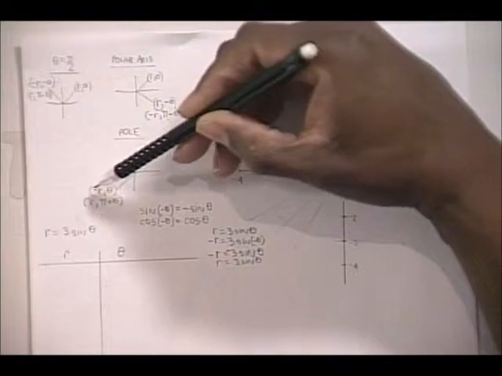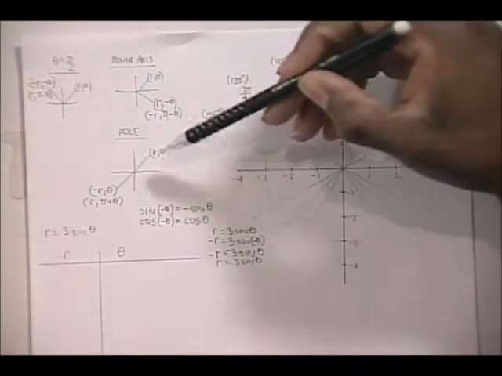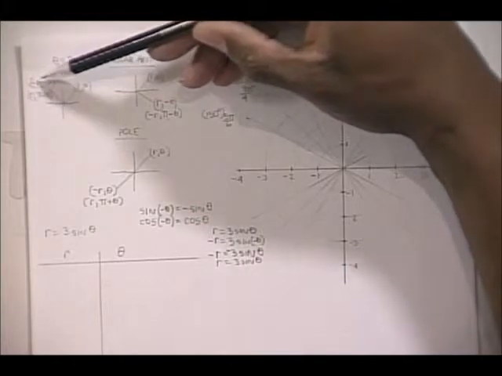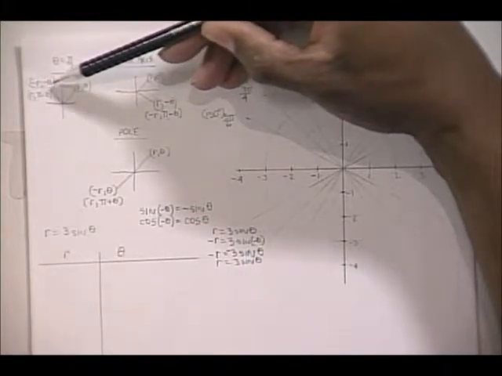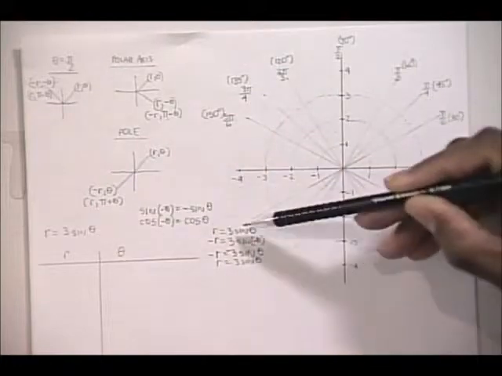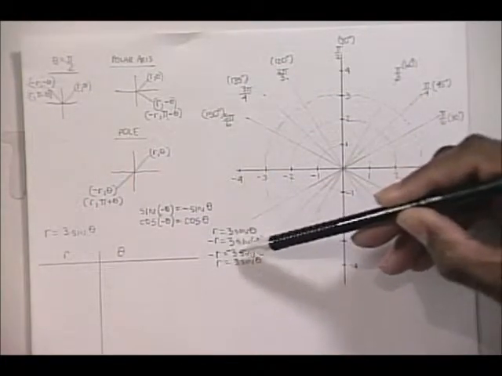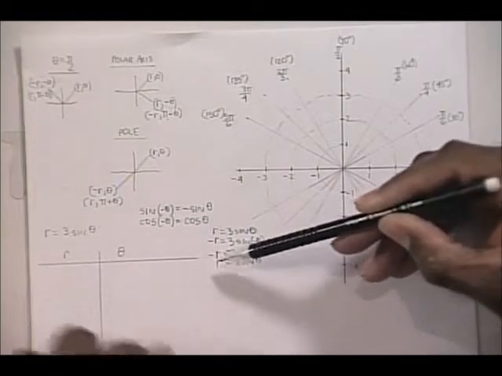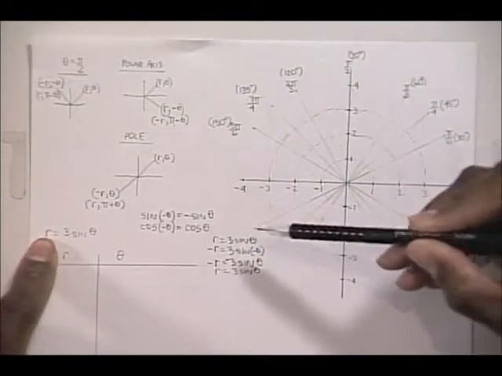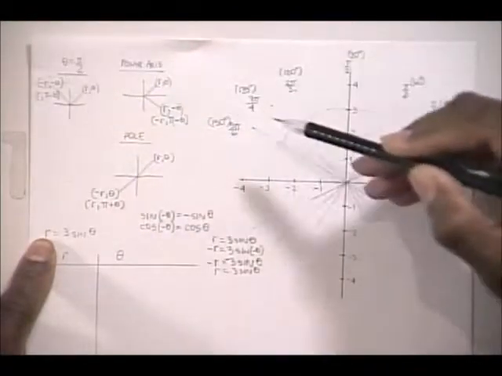If you substitute negative r, negative theta into your original polar equation and you end up with the exact same equation, as we did right here, we substituted in negative theta, negative r, and ended up with the exact same equation that we started with. That is a way of testing for symmetry about theta is equal to pi over 2.